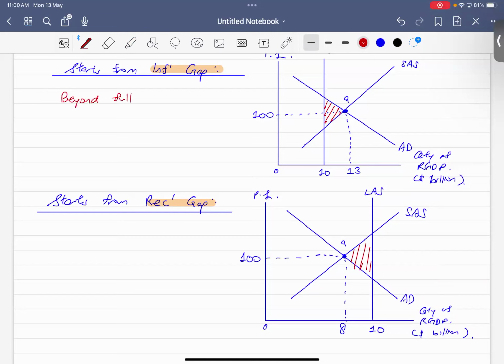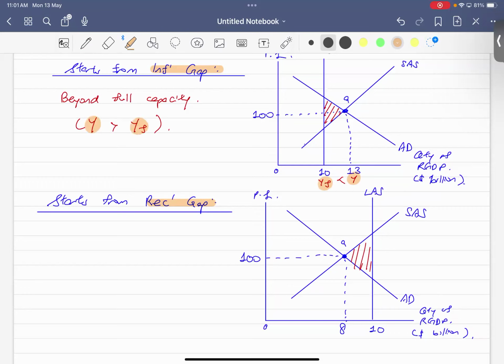So keywords: inflationary gap means you are producing beyond the full capacity. That means my output is larger than the full employment. My output is here, my full employment is here. So Y here is larger than YF.